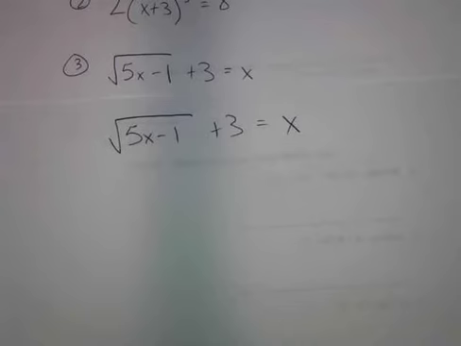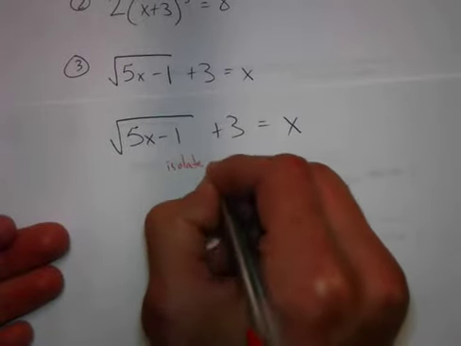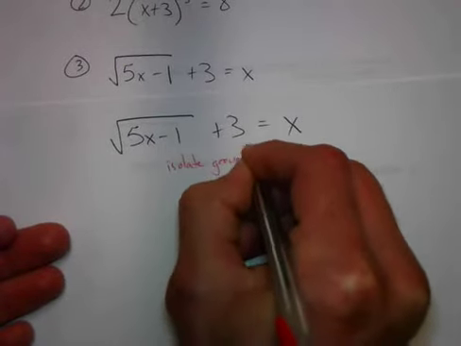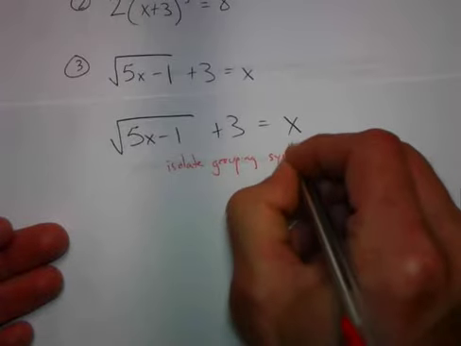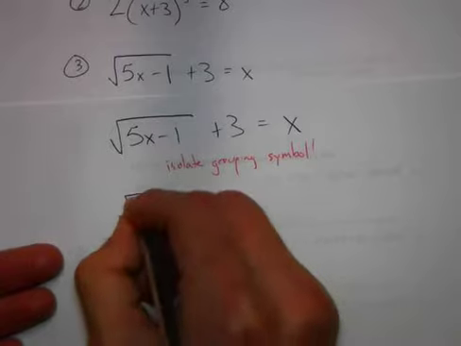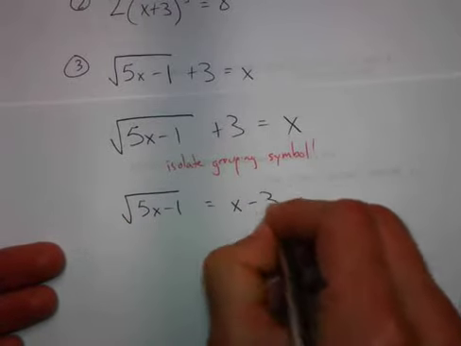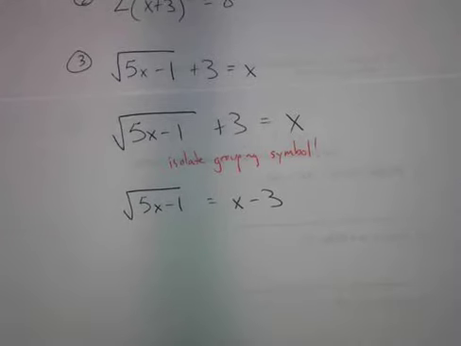And you know what we're going to do? We're going to do the same thing we've done before, which is isolate the grouping symbol. Because this one is going to get fun. And again, for those of you copying, make sure you're paying attention to what has a square root and what does not.